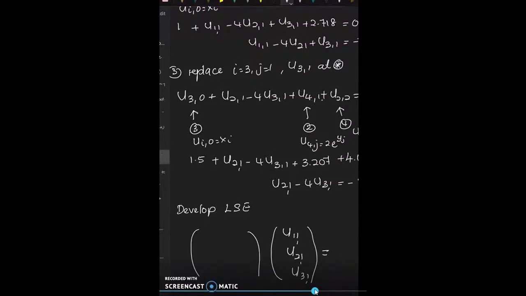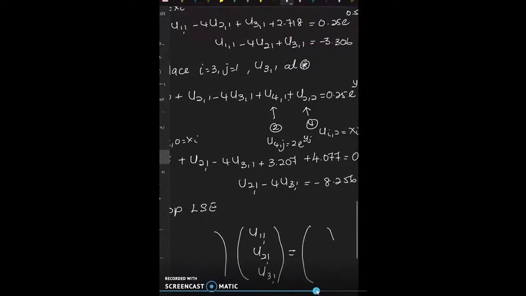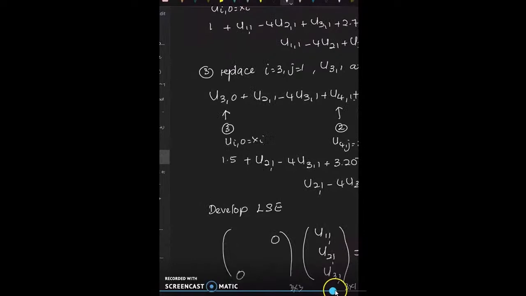A 3 by 3 matrix A, and the parameters are u11, u21, u31. Then the real number is on your right hand side. Don't worry, this is a solution similar to chapter 2. It's using the Gauss-Seidel to solve a linear system, same as chapter 2.